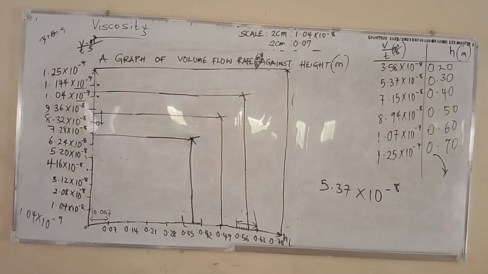That's procedural error or human error. Or maybe as you are setting the thing up, you notice that it is not really tight. But because you are trying to make sure you do the practical fast, you did not really check it for time. So all those errors made as a result of your own attention or your own human efforts, we call it human error, also classified as procedural error.